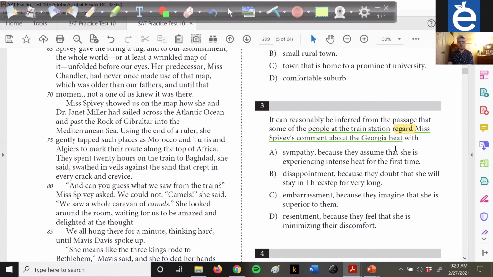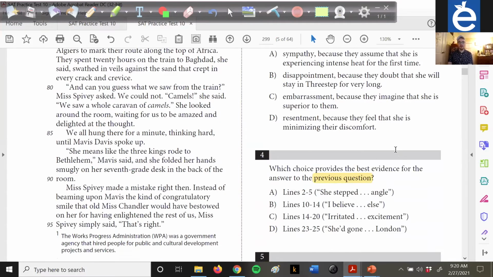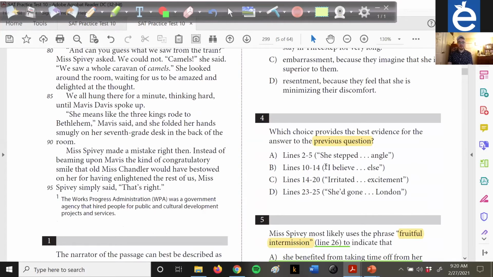If it doesn't hit all three of those points, we're not interested. Now we know it's going to be in one of these four places. So let's start at lines 2 through 5.